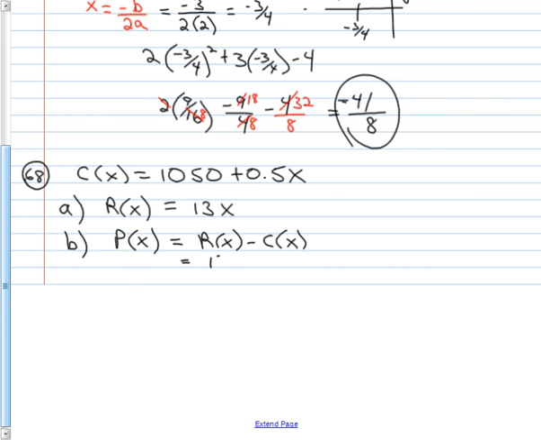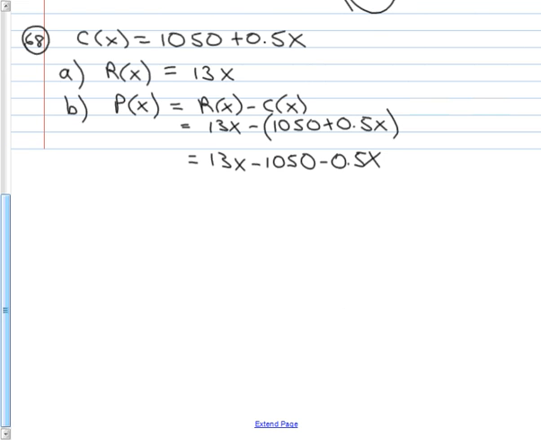The revenue function was 13x minus the cost function, and I need parentheses because I have to subtract the whole cost function, 1,050 plus 0.5x, which we'll want to simplify. Distribute the negative: 13x minus 1,050 minus 0.5x.